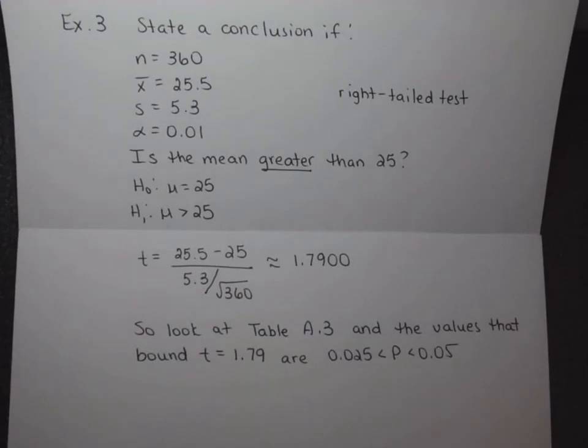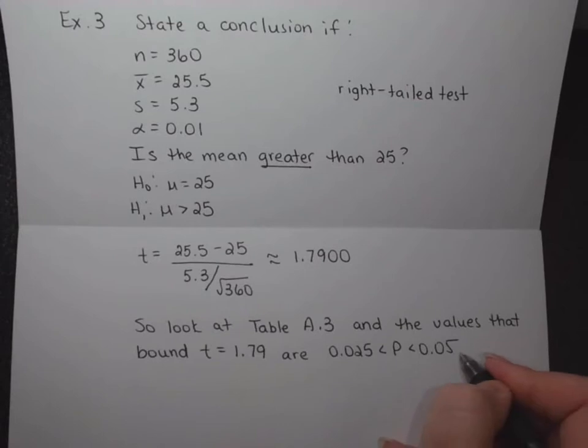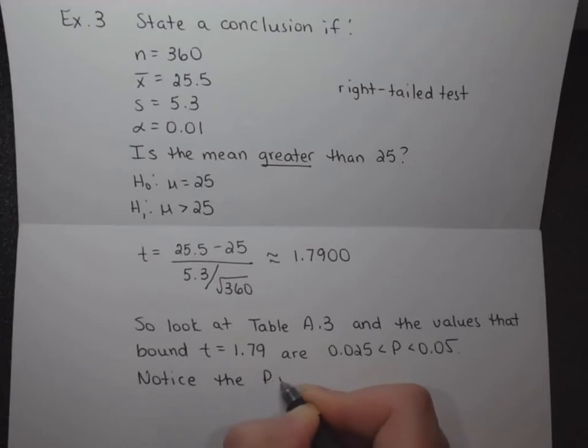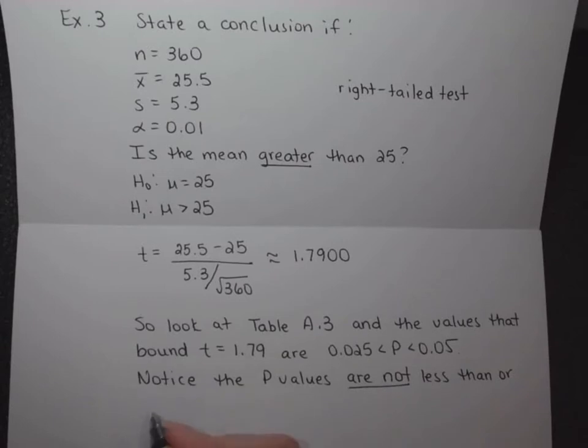So you're going to look at the tables, and you have p equals between these two values, right? And then what you notice, or what I hope you notice, is that the p-values in this range are not less than or equal to the significance level.